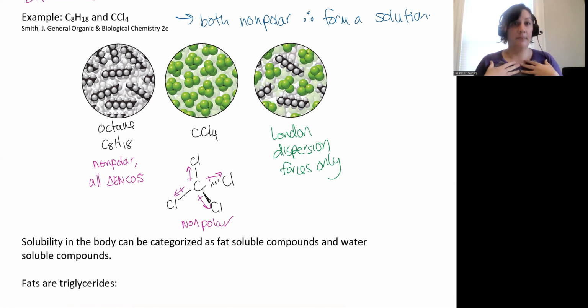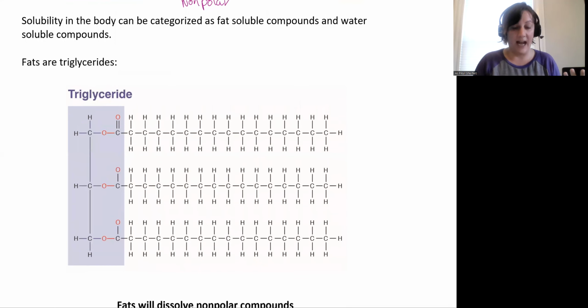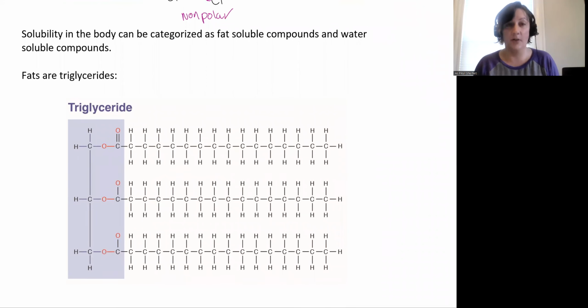So if we think about the body, if we think about biology, plants, things like that, solubility is really going to be characterized by nonpolar and polar by thinking about what is fat soluble versus what is water soluble as a compound. And so our nonpolar compounds that are really common in our body are fats, which are triglycerides. So here's a big picture of a triglyceride.